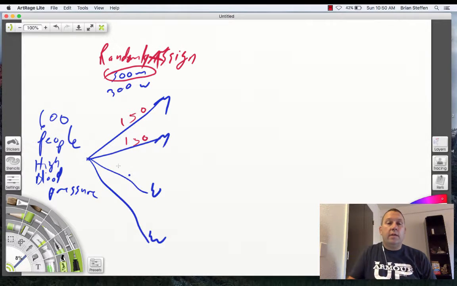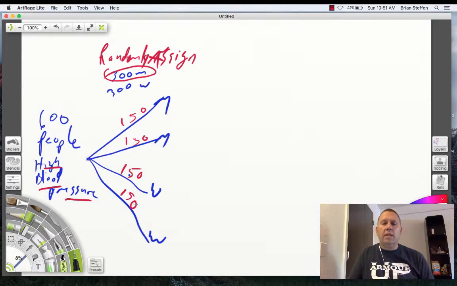And we randomly assign the 300 women who have, again, all these people have high blood pressure, so that 150 are in each group as well. And I have two different groups for a reason. Now, maybe we start by doing a block and we say, okay, first goes 300 men, 300 women, and then we split them in half, either way. But then these men are going to get a treatment. And so up here I'm going to write treatment. So the first thing we always do in a designed experiment is we randomly assign them to groups.